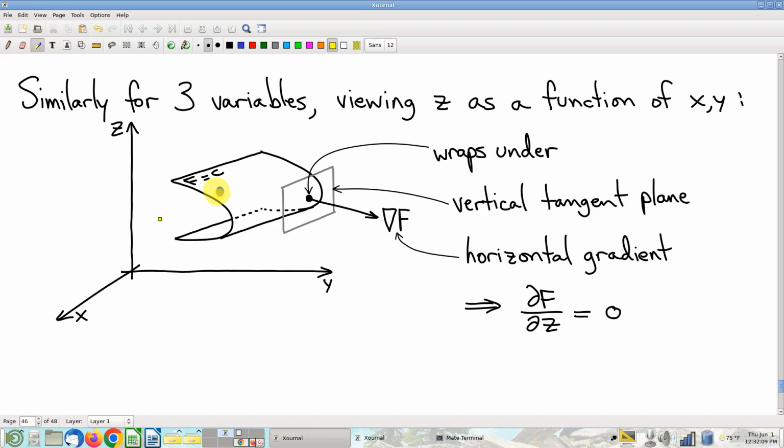Well, for this point here, there's no problem. Sure, go ahead. It's just a little piece of surface and passes the vertical line test, no issue.